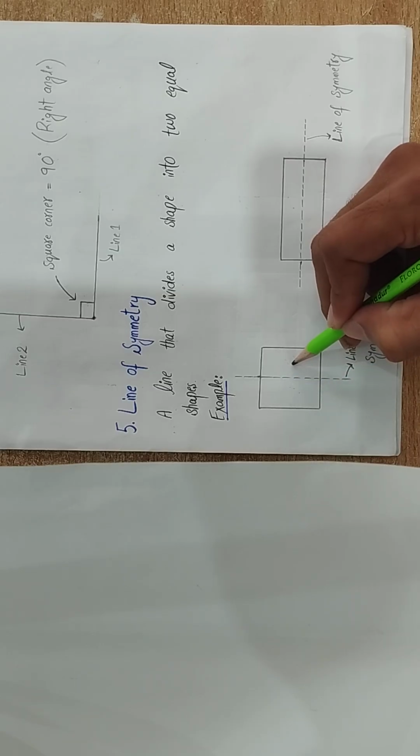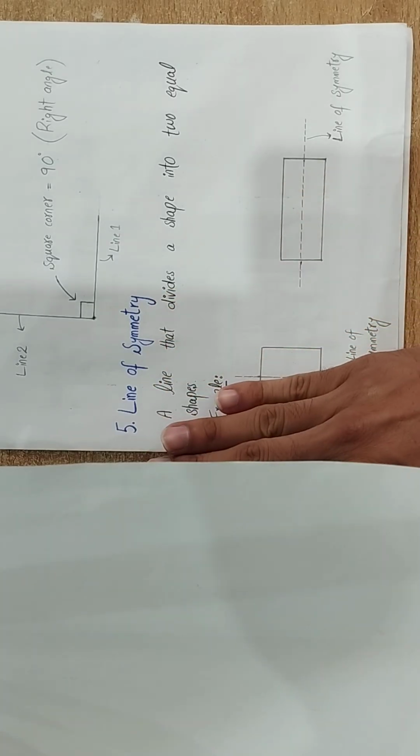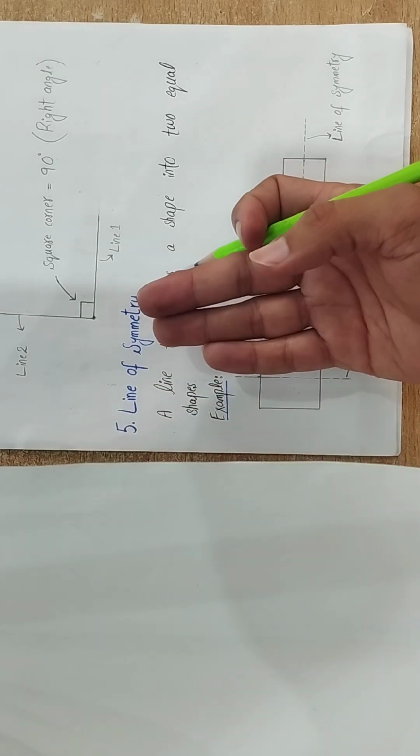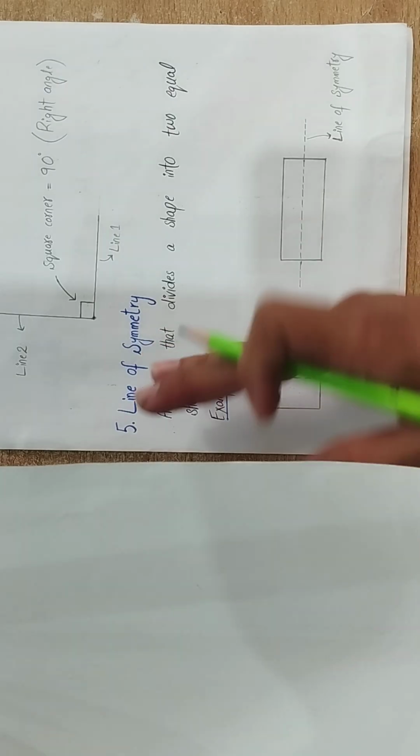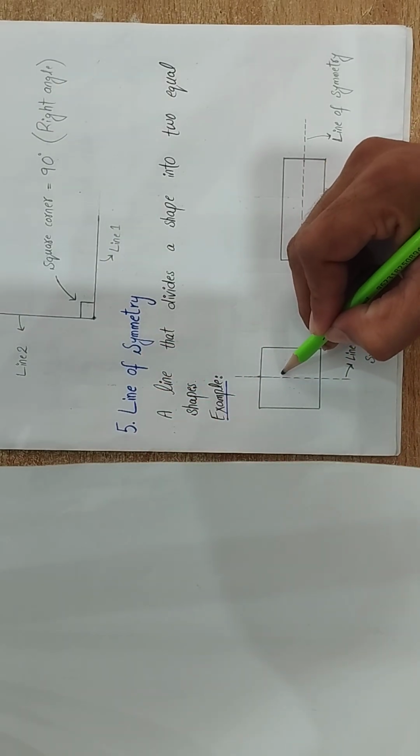These two parts must look like the mirror image of each other, which means if you fold one part onto the other part, they must fit onto each other exactly. Okay, that line is called a line of symmetry.